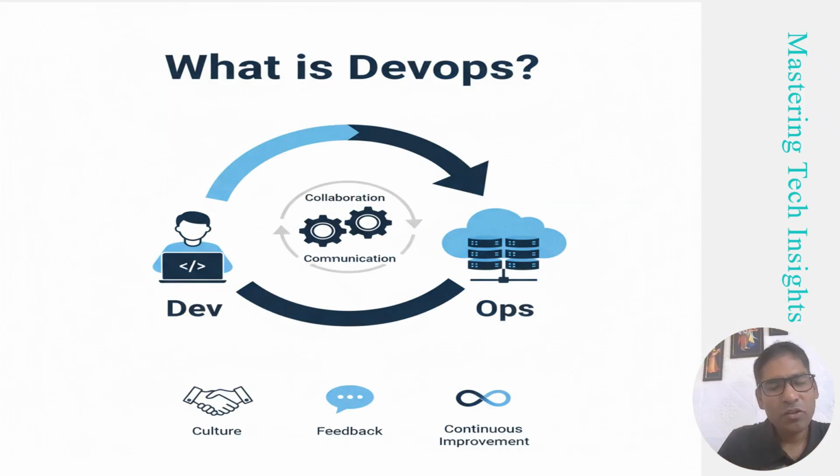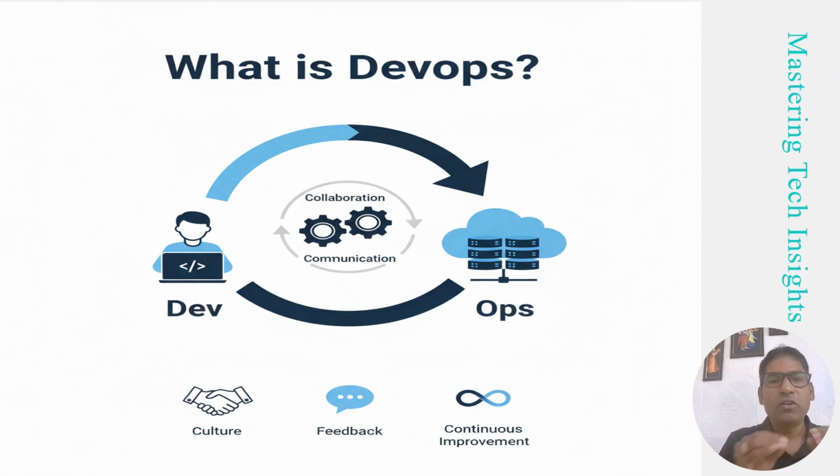What is DevOps? The word DevOps is a combination of development and operations. It is not just a tool or software. It is a culture or mindset that brings together developers and operations teams. In the traditional way, developers used to write the code and then throw it over the wall, passing the game to operations to deploy it.